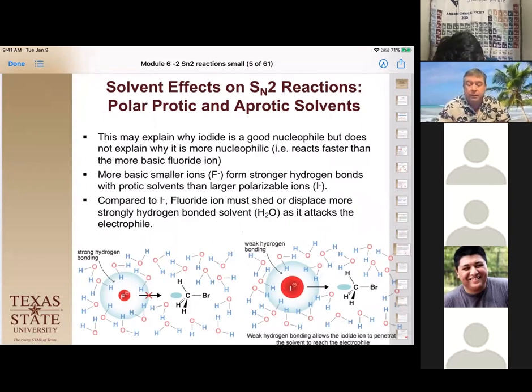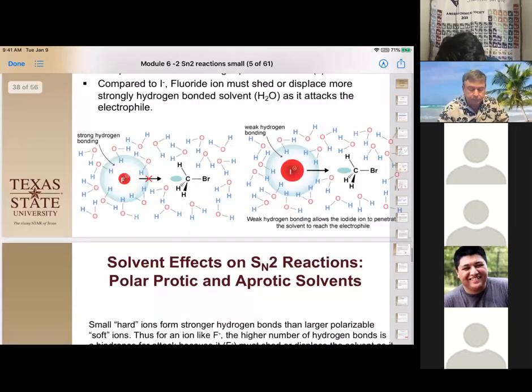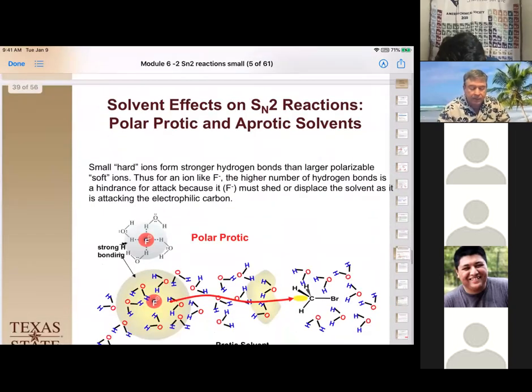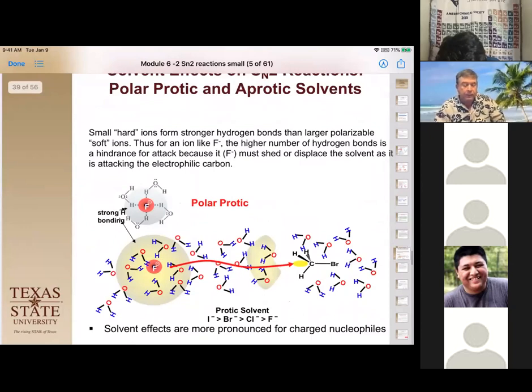Okay, so let's talk about that a little bit more, a little bit through, okay? So let's think about our polar protic solvents here again. And so in the case of smaller non-polarizable ions, okay, we have to have hydrogen bonds to support that charge.